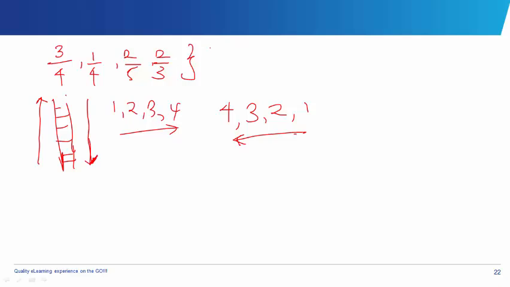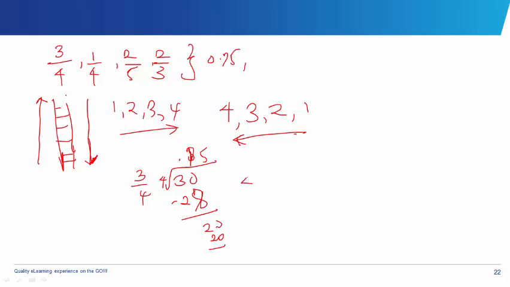To decimals. So 3/4 to decimal, 4, 3. We'll put a 0 and that gives us 7 here, 28. We'll subtract, we'll have 2, then 5, 20. So we'll have 0.75, then 1/4 we'll convert it to decimal also.